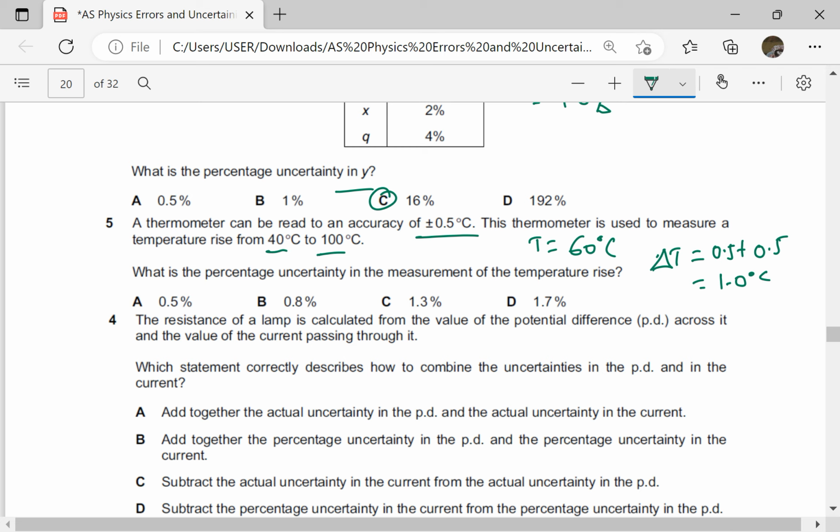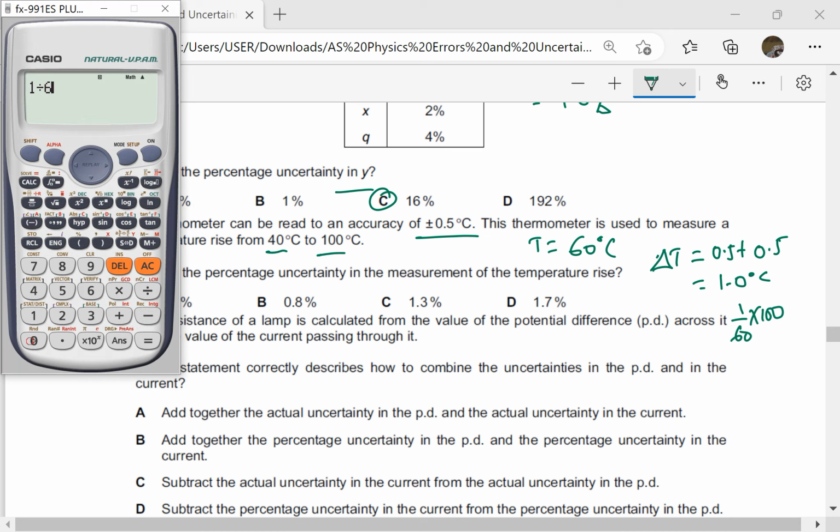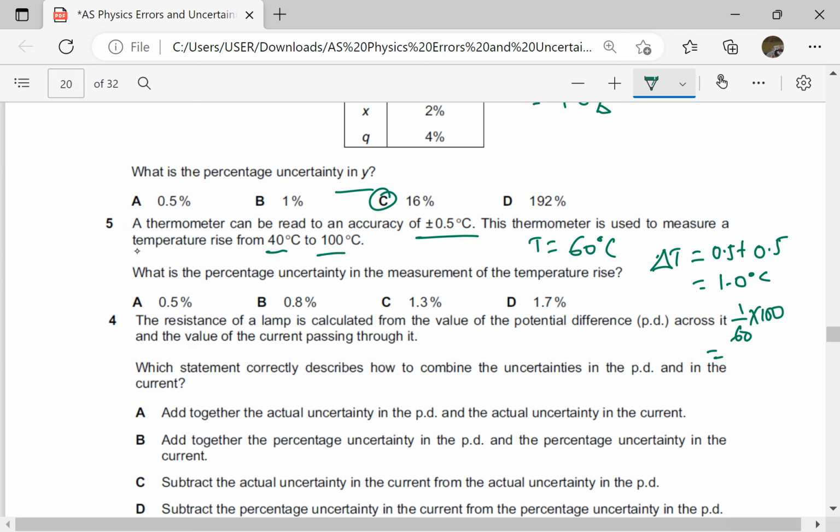So as a percentage, this will be 1 over 60 times 100. 1 divided by 60 times 100, that is 1.666 recurring, which is 1.7%. So the answer there is D.